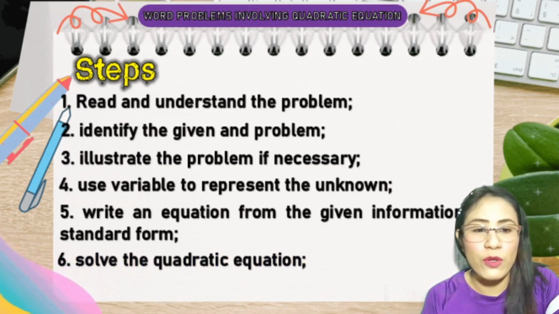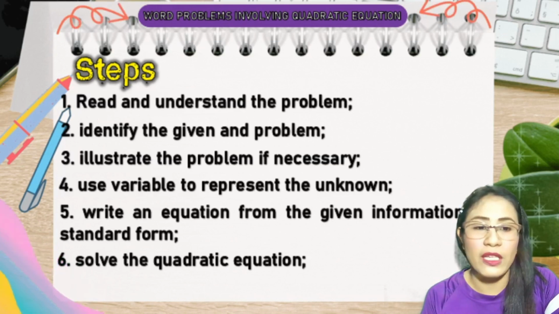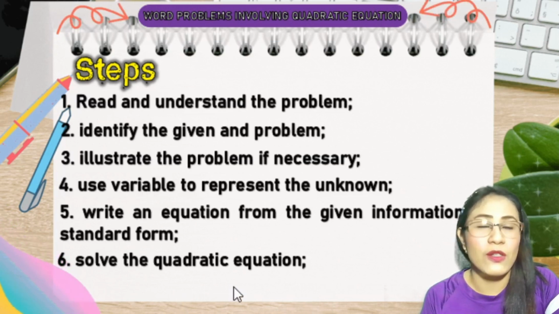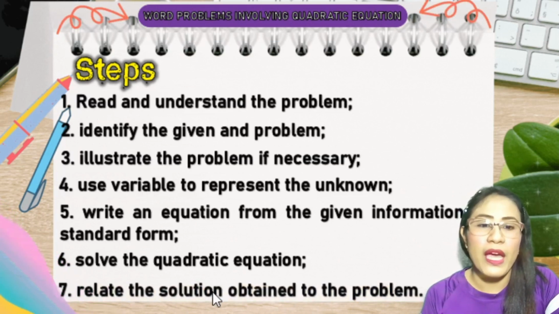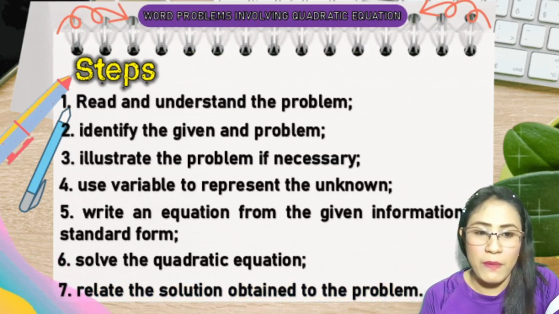So, we have to solve the quadratic equation using any of the four methods: extracting square root, completing the square, factoring, or by the use of quadratic formula. So, any doon sa apat na method, pwede nyong gamitin as long as convenient for you. And 7, relate the solution obtained to the problem.